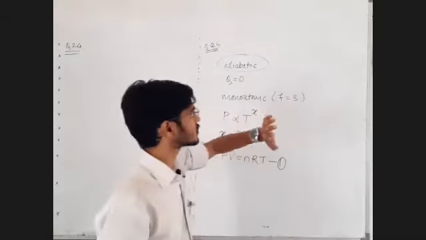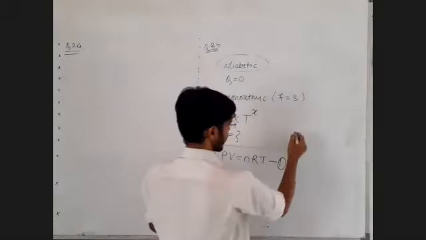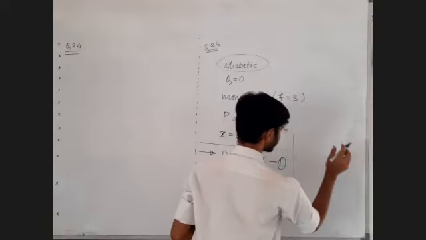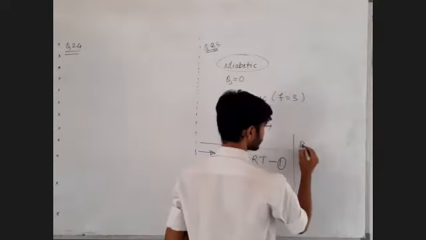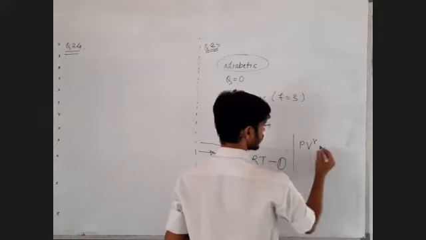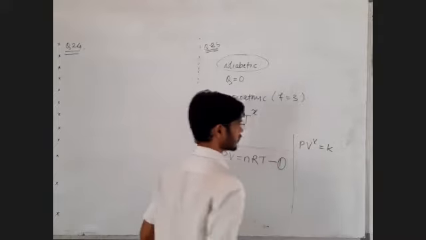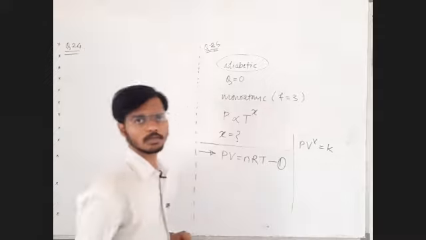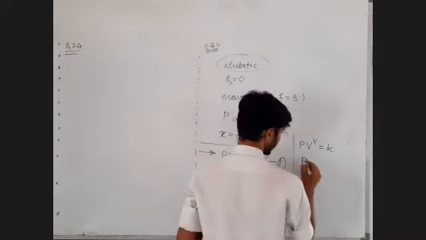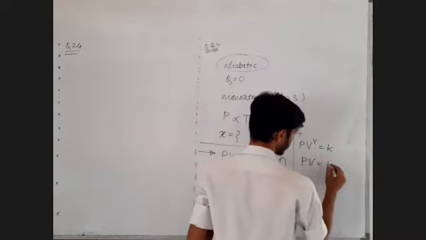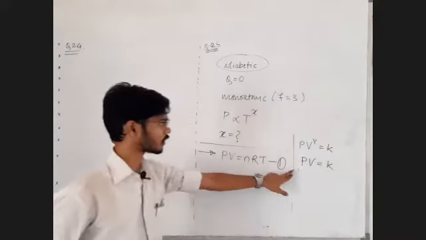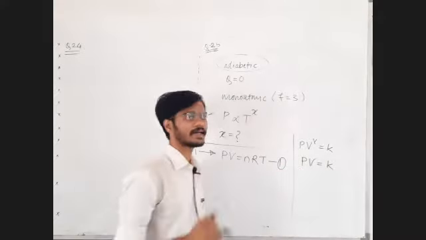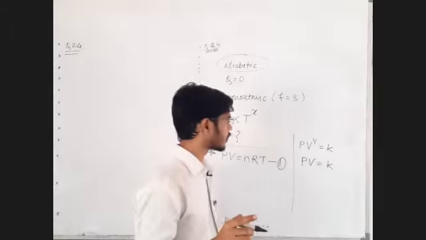Now, what are the state equations for adiabatic, isothermal, and isochoric? For adiabatic, PV raised to gamma is equal to constant. For isothermal, where temperature is constant, you will write PV equal to constant. And there is one more equation for isochoric.